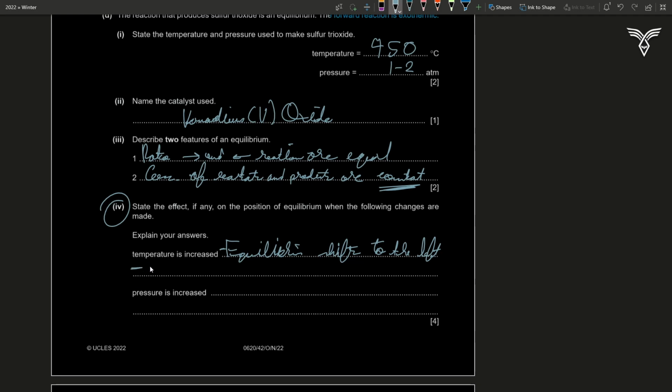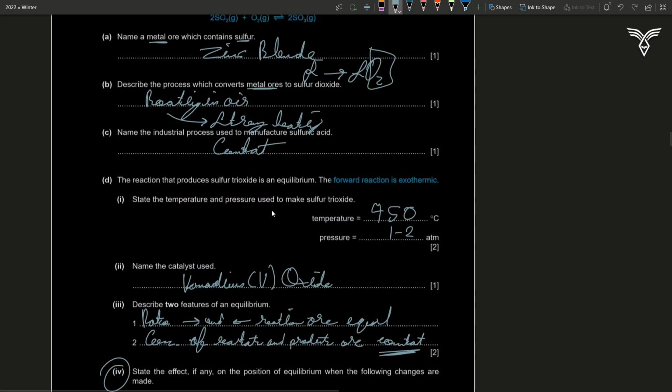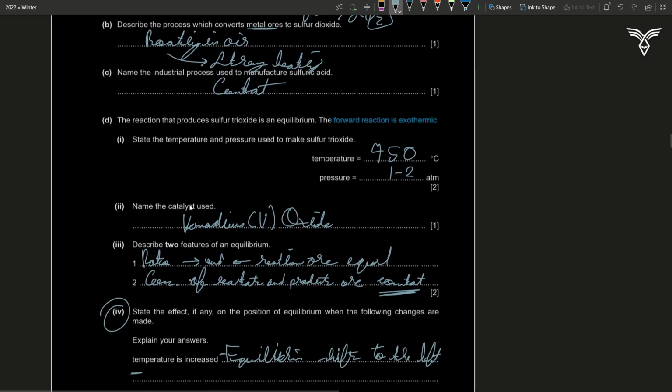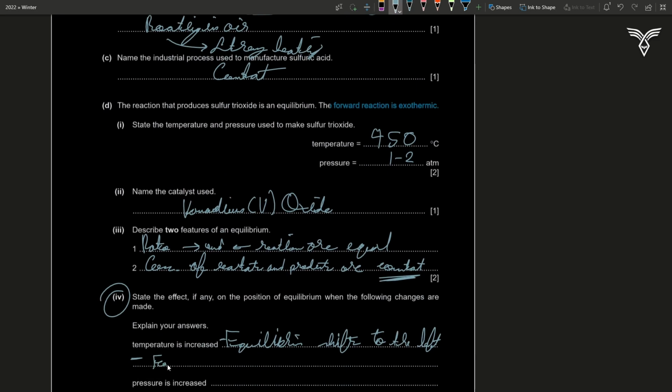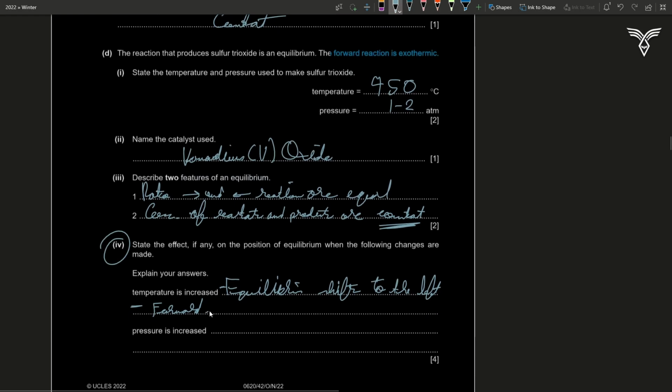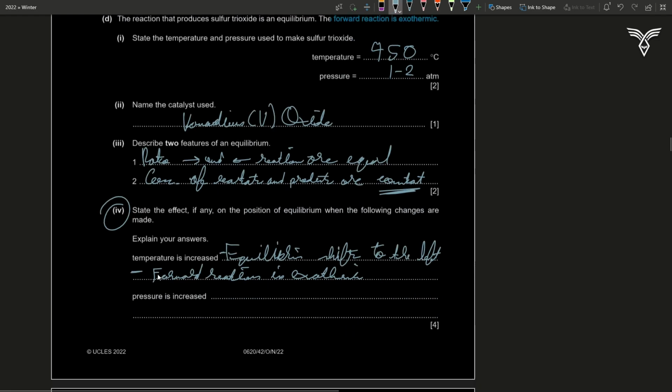That's the first thing that happens. وليه why does it shift to the left؟ لأن الفورورد أو الرايت reaction is exothermic. حلو. We have completed the first part.